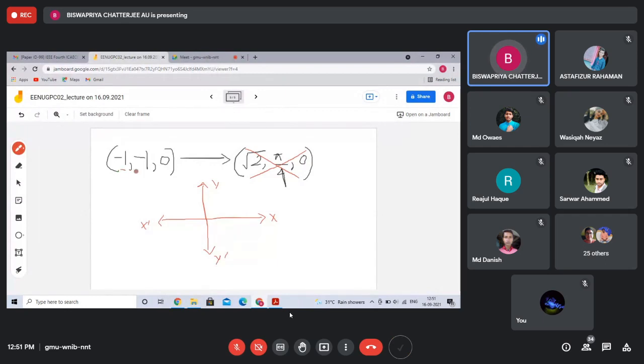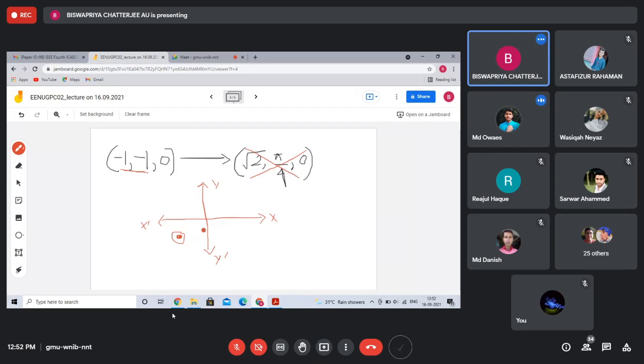Anyone can tell me where -1, -1 should be located? What is the position of this point? Something around here. Right? Agreed?